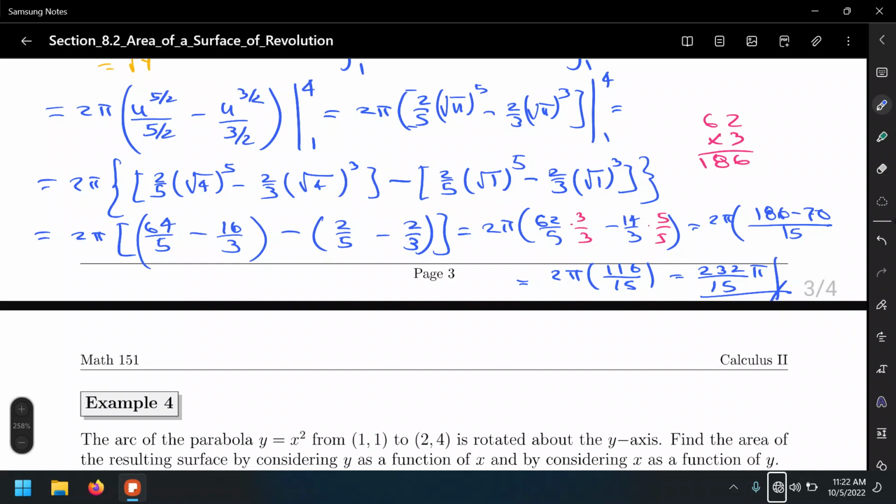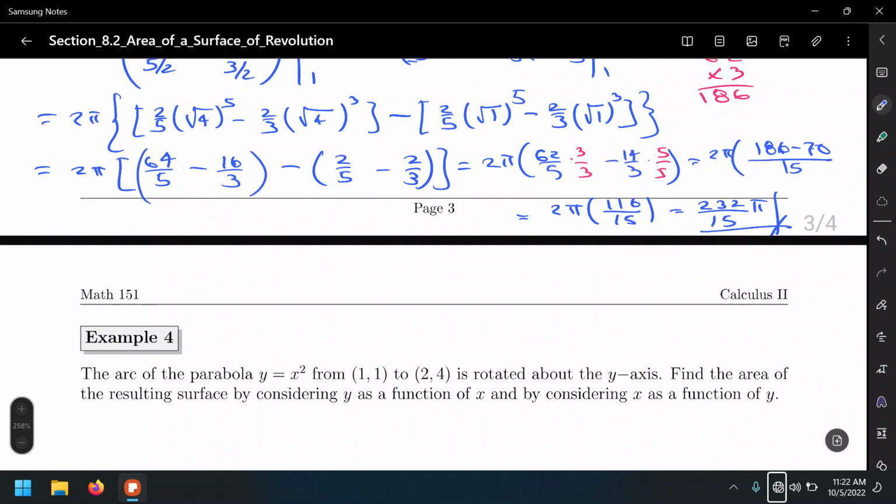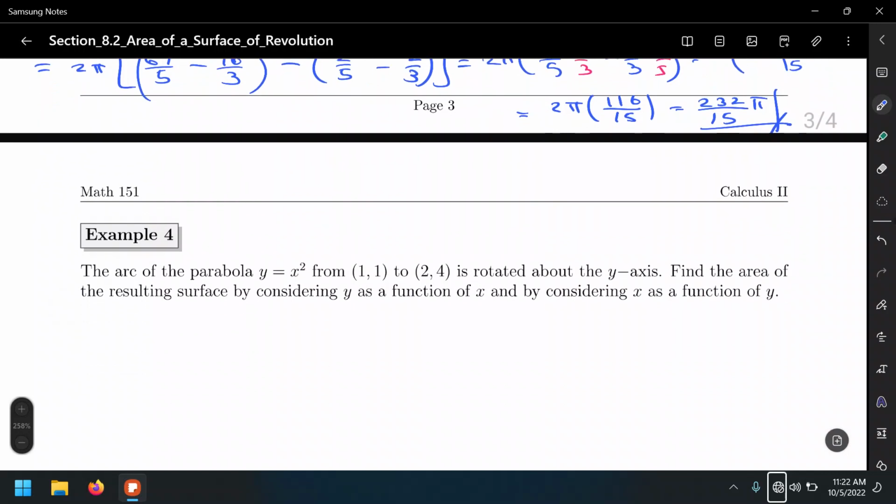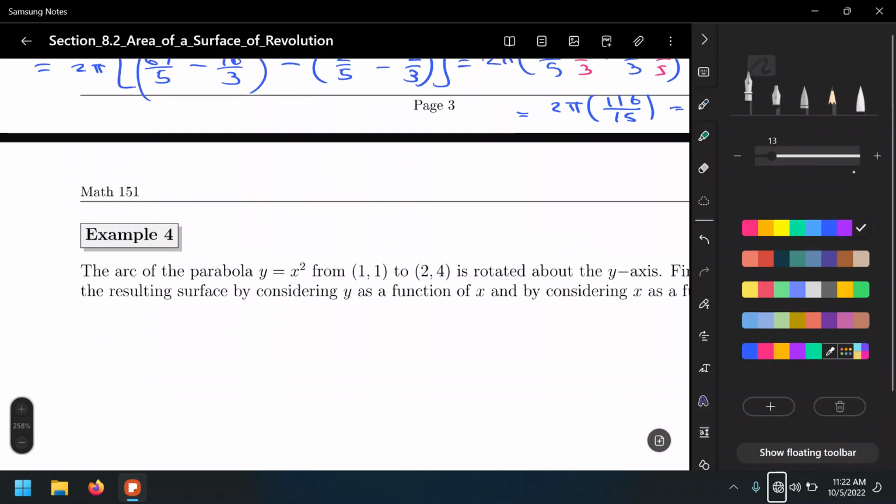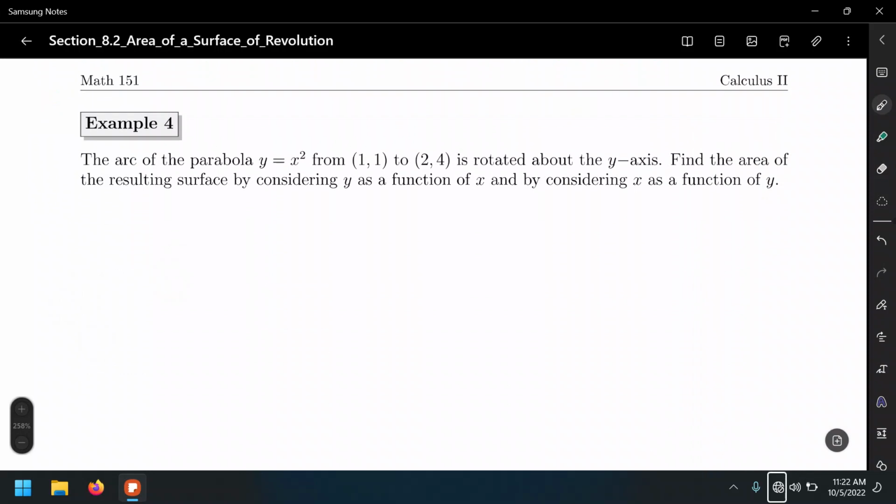Weird numbers in the results. And now the last exercise for this section about surface area. So what are we going to do next? We're given the arc of the parabola y equals x squared. Let's start by plotting that parabola. But in this case, we don't want the whole parabola.